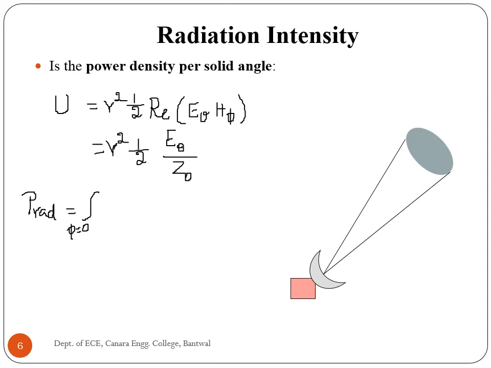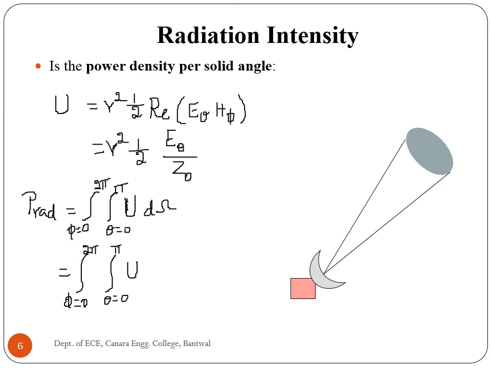The relationship between the total power and radiation intensity is given by the integral of u d omega, that is phi is 0 to 2 pi, theta is 0 to pi, u radiation intensity d omega, where d omega is sin theta d theta d phi.